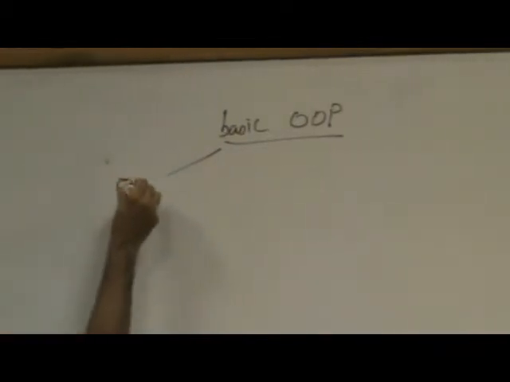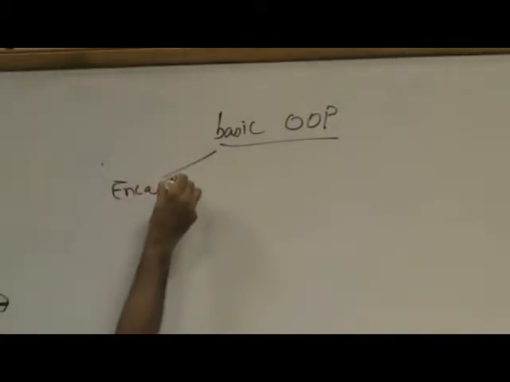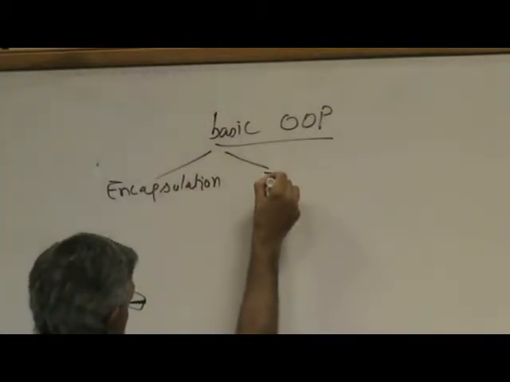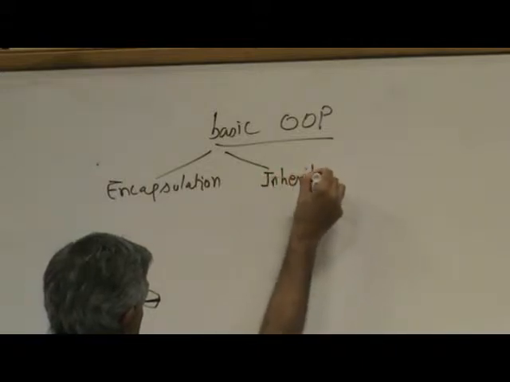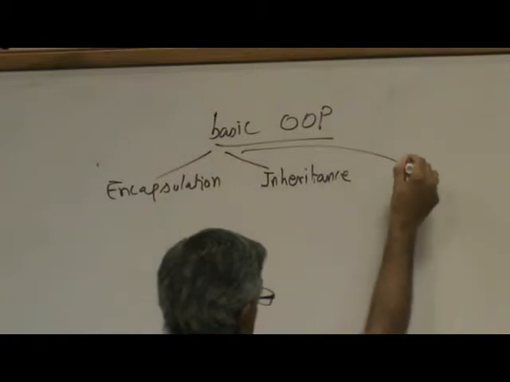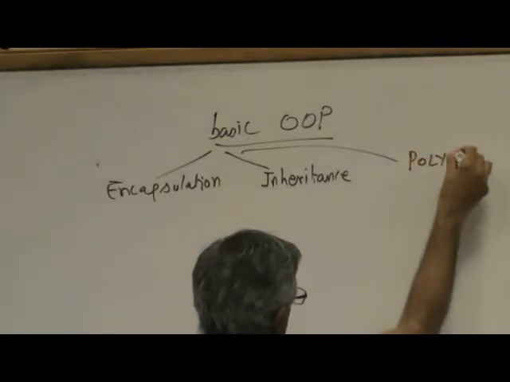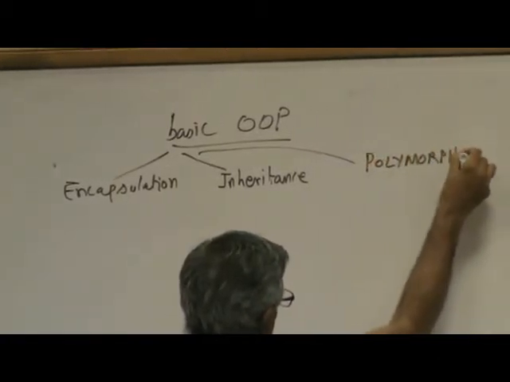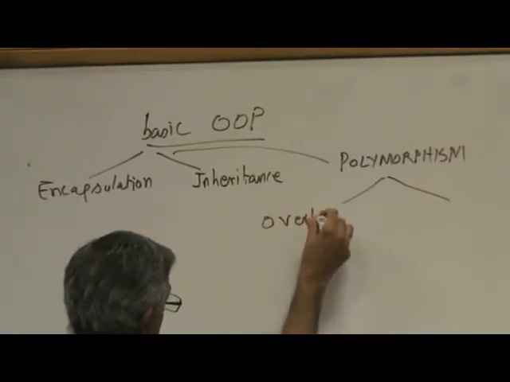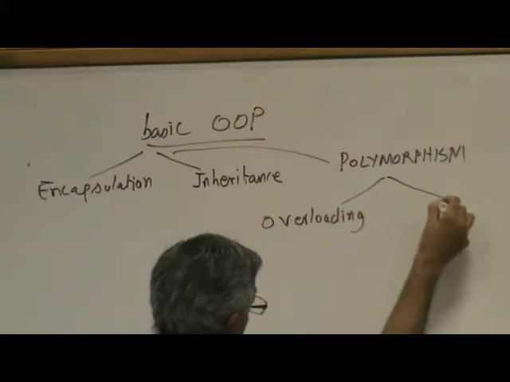So once again, encapsulation, which is creating the class, public, private, protected keywords; inheritance, virtual, override, abstract keywords, right? And then polymorphism, which we further said goes into overloading and overriding.